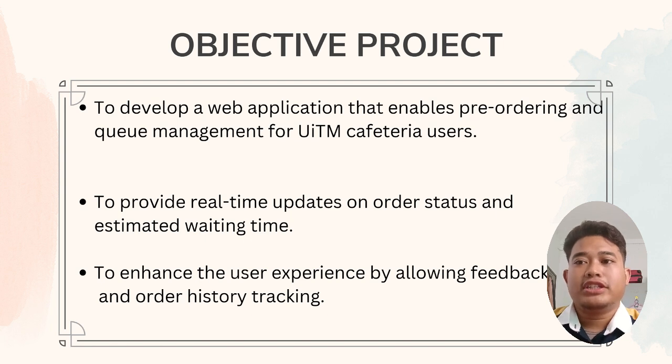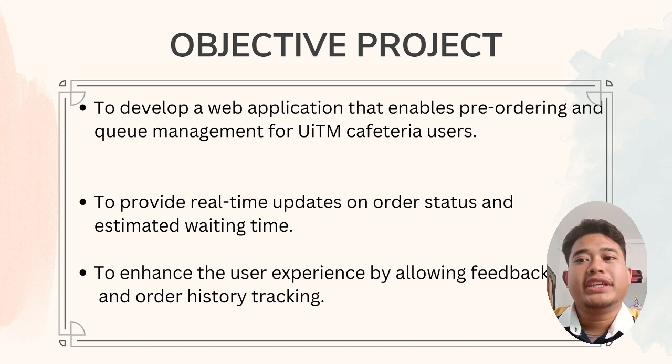Our primary goal is to develop a web application that facilitates pre-ordering and efficient queue management for all UiTM cafeteria users, and this will allow for more organized meal retrieval. Secondly, we aim to provide real-time updates on order status and estimated waiting time, and this transparency will significantly enhance the user experience.